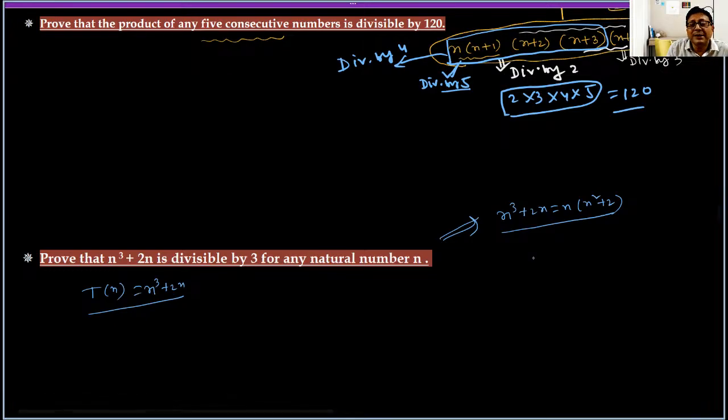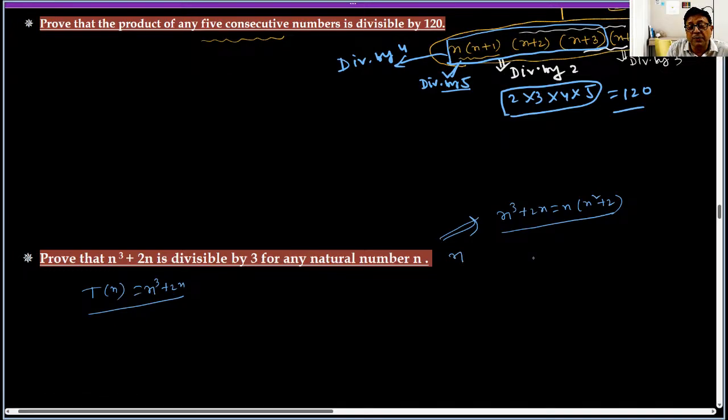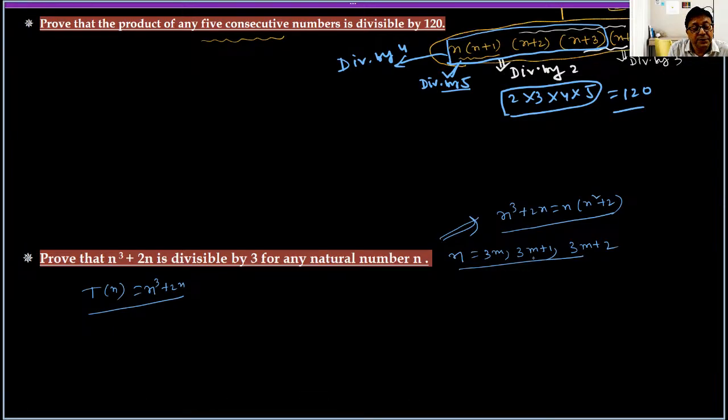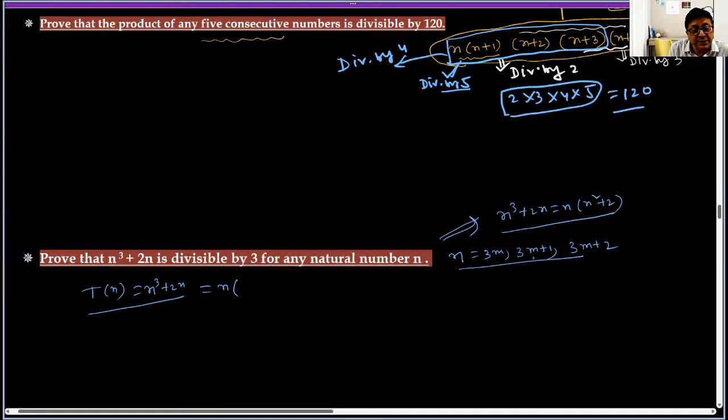Now for divisibility by 3, n may be of this form: 3m, 3m plus 1, or 3m plus 2, that you know. So let us go step by step.